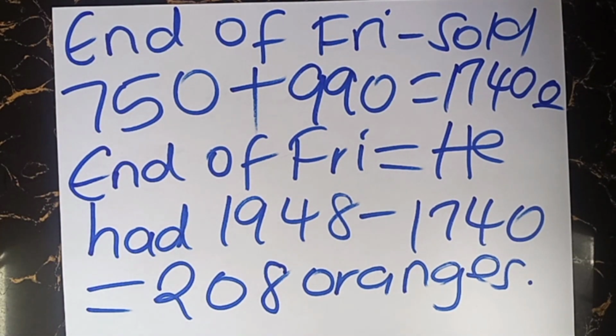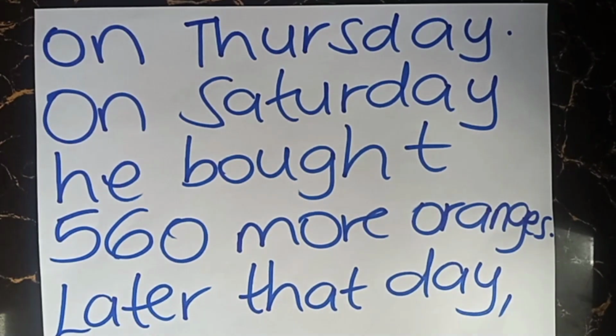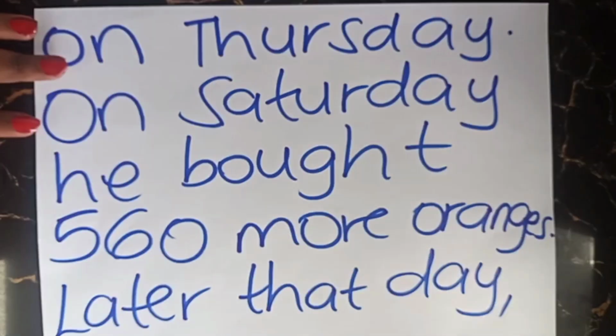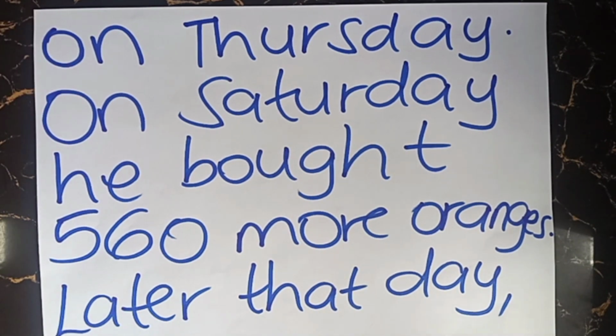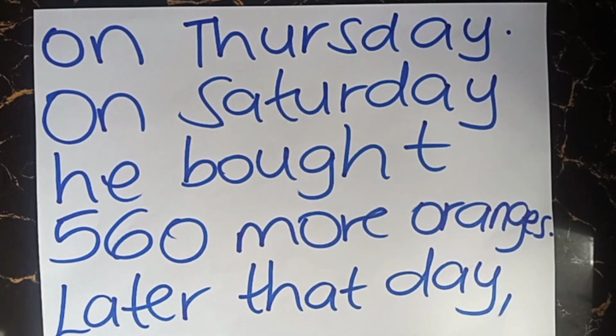Are we together? Yes. Let's continue reading the question. So we are also told that on Saturday he bought 560 more oranges. So that means that he added 560 oranges on Saturday to the stock that he was left with on Friday.